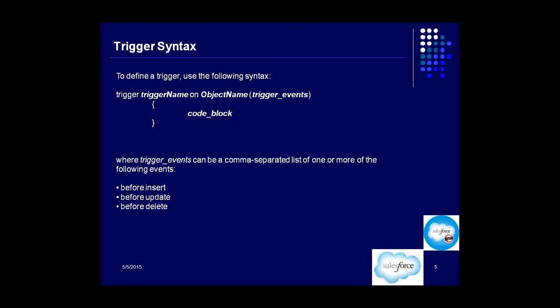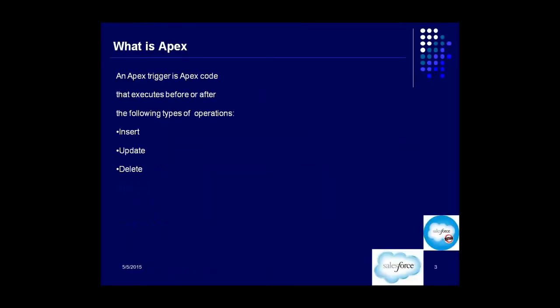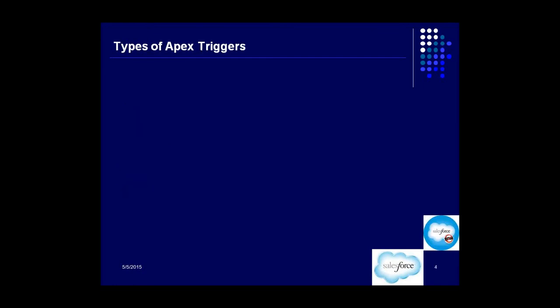Before delete, so before delete will work before you delete a record. After insert, after update, after delete. Okay, so we just saw that we have 4 types of operations which trigger works with. If you go into the previous slide, you see insert, update, delete and undelete. So 4 types of events we have, right?